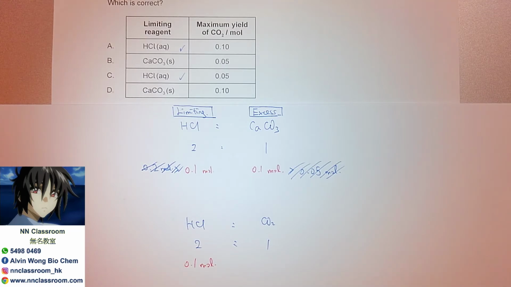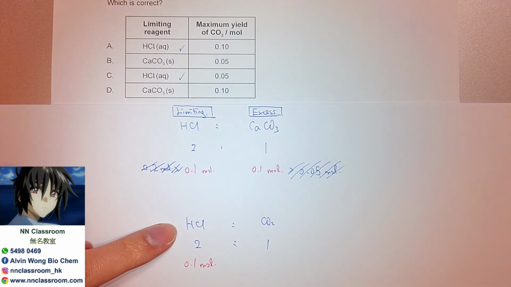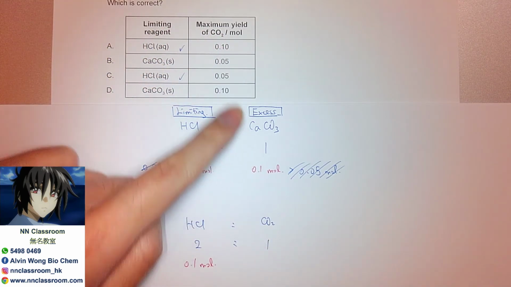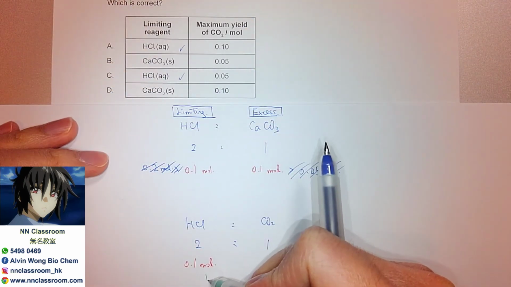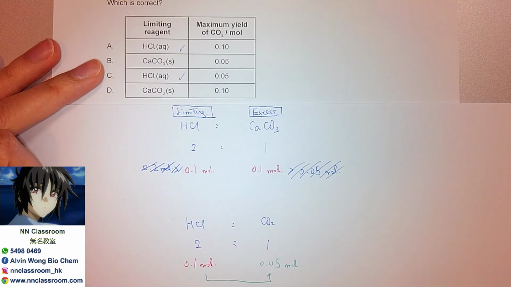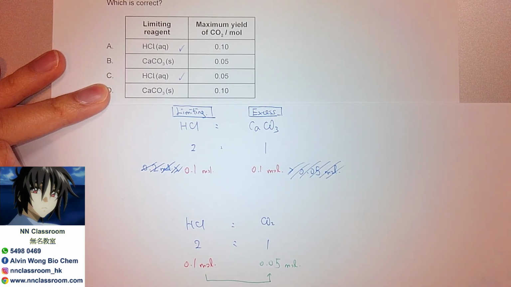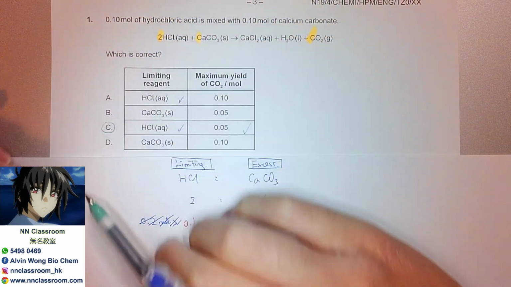So using the excess reactant to project will give a wrong answer, right? So using the limiting reactant, we project according to the recipe as stated from the given equation, 2-to-1. So 0.1 will be projected to 0.05 moles. So that's how the answer is obvious, right? With 0.05 moles, the answer will then be C, for both combinations to be correct.